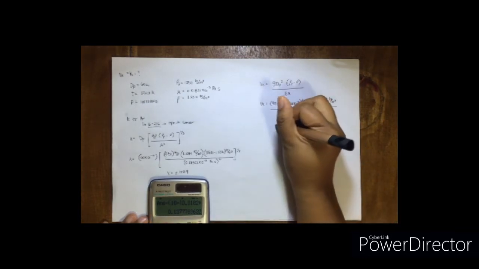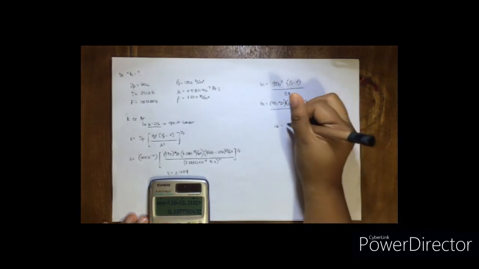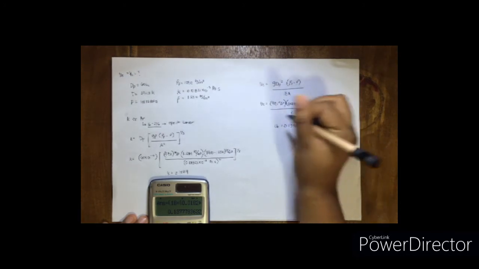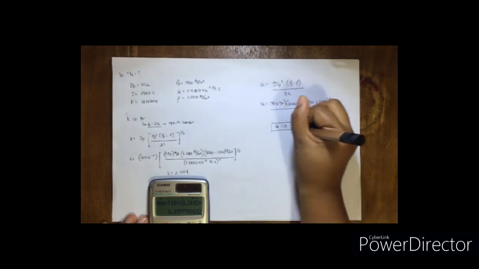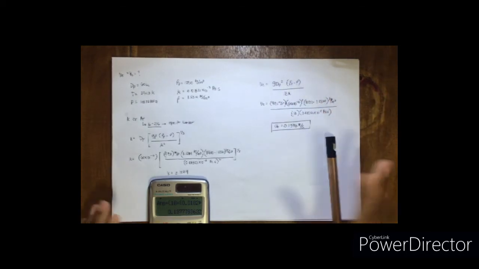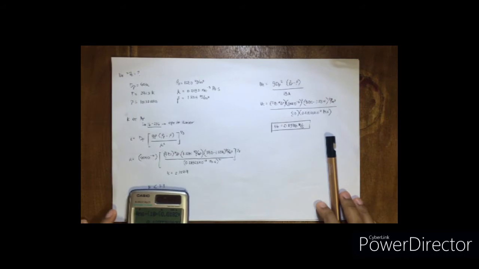We've got the value for our settling velocity, 0.1378 meter per second. So this is the value for our terminal settling velocity. So that's it. That's how you solve problems regarding terminal settling velocity.